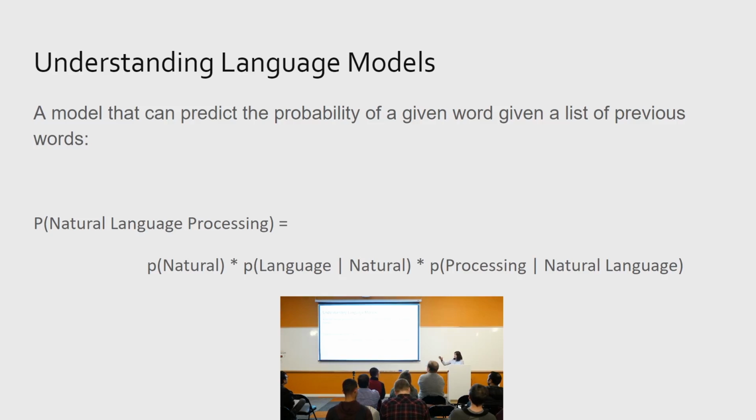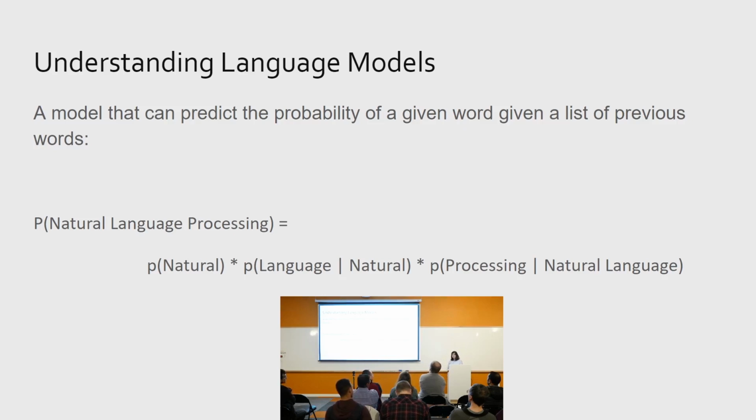Well, we are reading English from left to right, right? So in English, when we see natural language, we want to see what's the probability of language given the word natural. So you always start from left to right. If it's Arabic, then we would start from right to left.